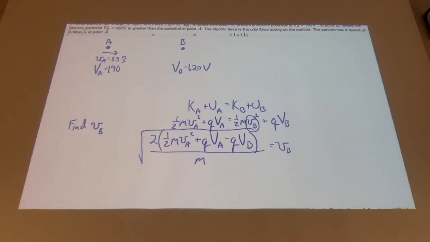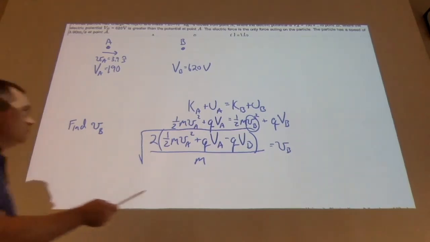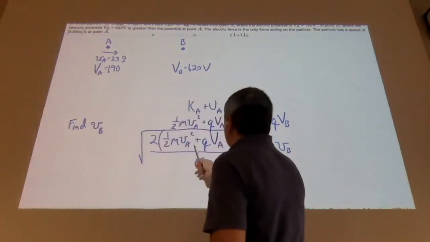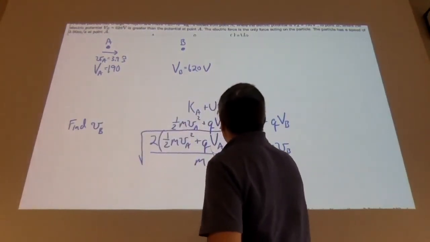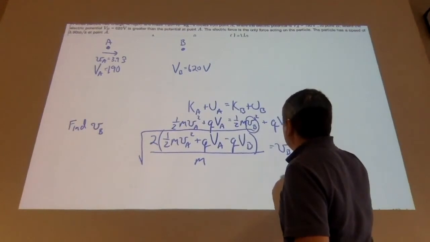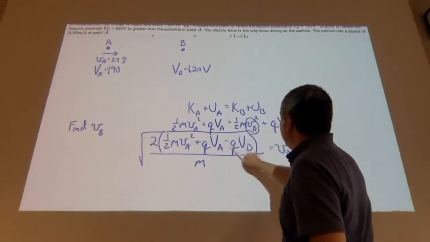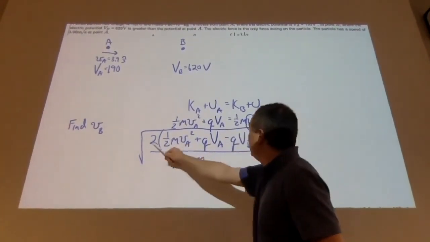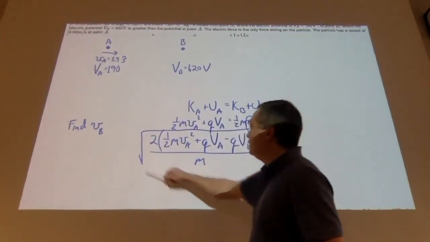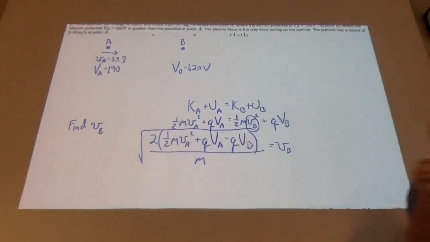No? Did I mess up? Yeah, the VB inside isn't supposed to be there. That's supposed to be divided by Q. Let's see, I've got this one plus that one, and then I'm going to subtract this one over on this side, and then multiply this by 2, divide by mass, take a square root. I think it's good.